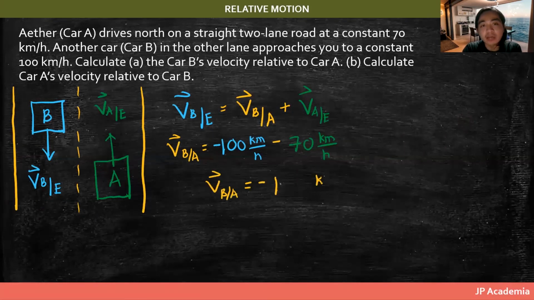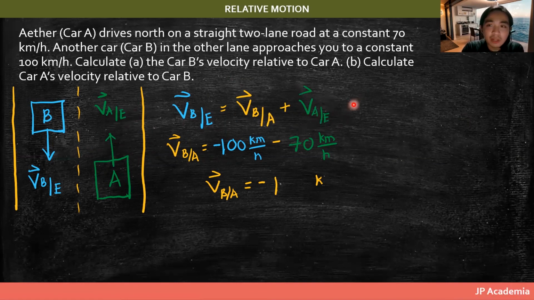So start muna tayo dito sa VBE na to, or this is the velocity of the car B relative to Earth. So we have this equation. This is equal to VBA, the velocity of car B relative to A, which is yung hinahanap natin kaya yellow to, plus yung green, another known quantity. This is the velocity of car A relative to Earth.